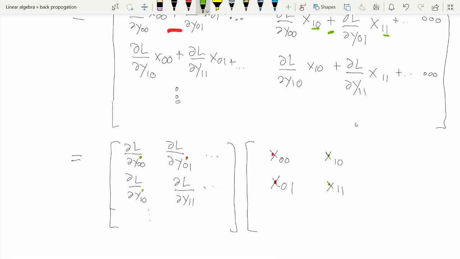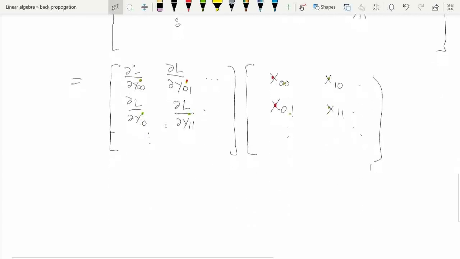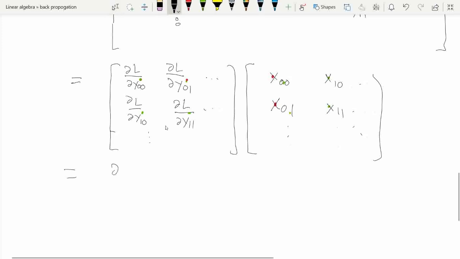So these are all just, this is the partial of L with respect to y, and this is x transpose.